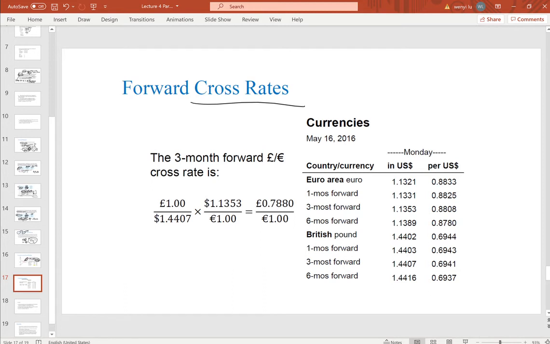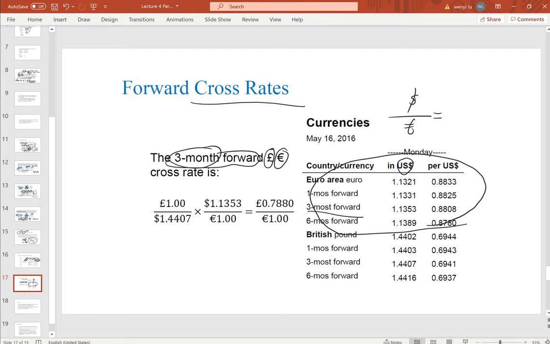So for the 3 months forward between the pound and the euro, we can do our cross rate calculation, because in the table here, it is in US dollars, so that means the dollar per euro 3 months later is 1.1353.